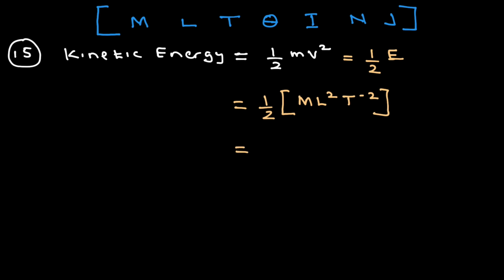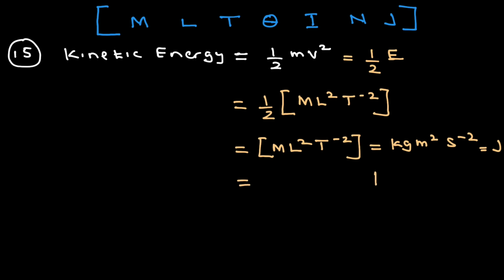So the dimension is going to be m L squared T to power minus 2. That's from energy, which is derived in number 14. And then that will give us the unit. It's kilogram meter squared per second squared. And we call that joules. So this is unit, and that is dimension.